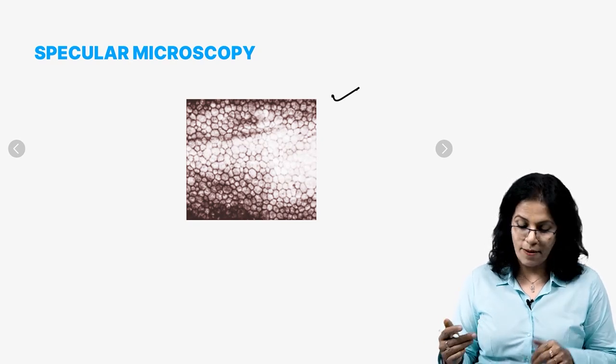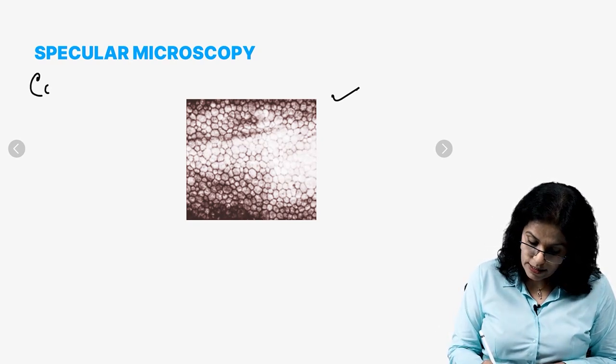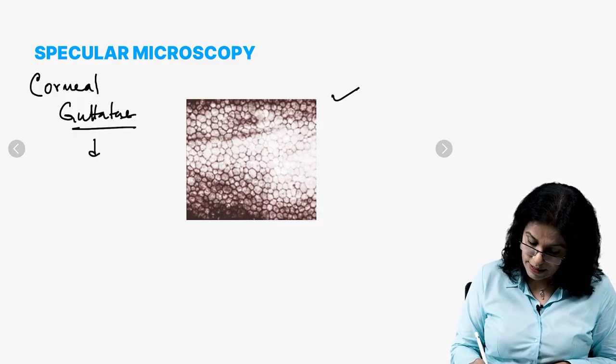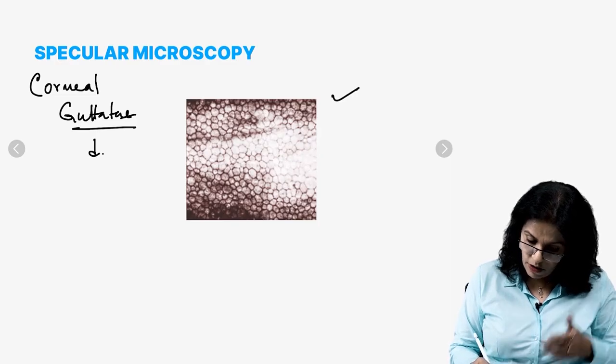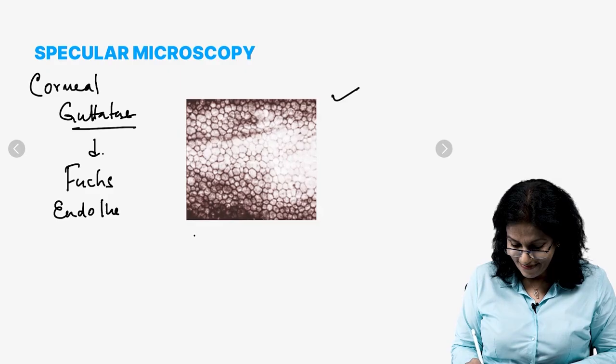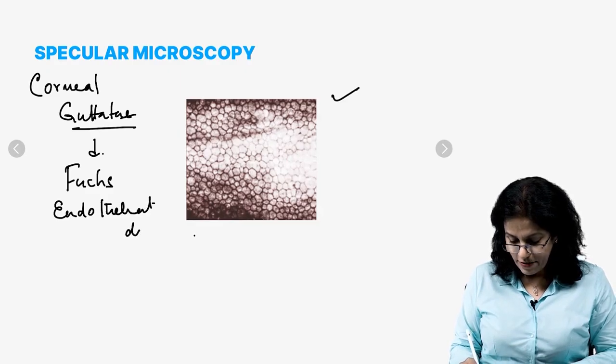Let's discuss a little applied here. Corneal guttae are nothing but collagenous protuberances. Okay? And when you do a specular microscopy, they can be seen as hollow spaces here, and it's a feature of a corneal dystrophy, which is called Fuchs endothelial dystrophy. Okay, we are going to learn it here. Fuchs endothelial dystrophy.